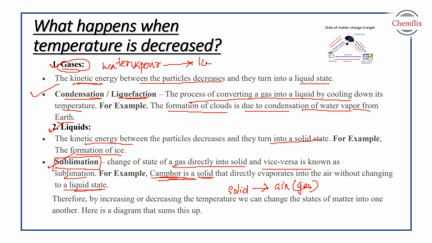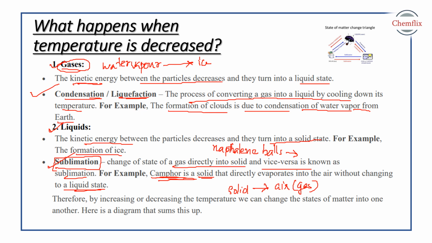Everyone, please listen here. One more thing I'll tell you. You know naphthalene balls, right? The naphthalene balls that you use to get rid of cockroaches, you keep them mainly in bathrooms, toilet areas, or kitchen areas, right? What happens after 2-3 days?